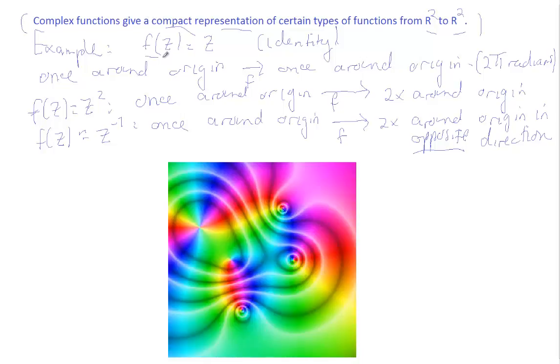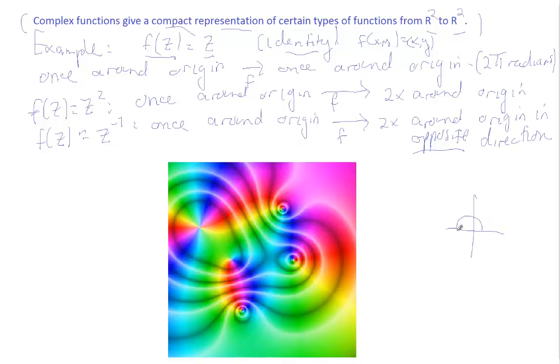For example, consider the function f of z equals z. That's the identity function. You could also represent that as f of (x, y) is equal to (x, y). Now, consider taking a walk around the origin. Here's my axis.